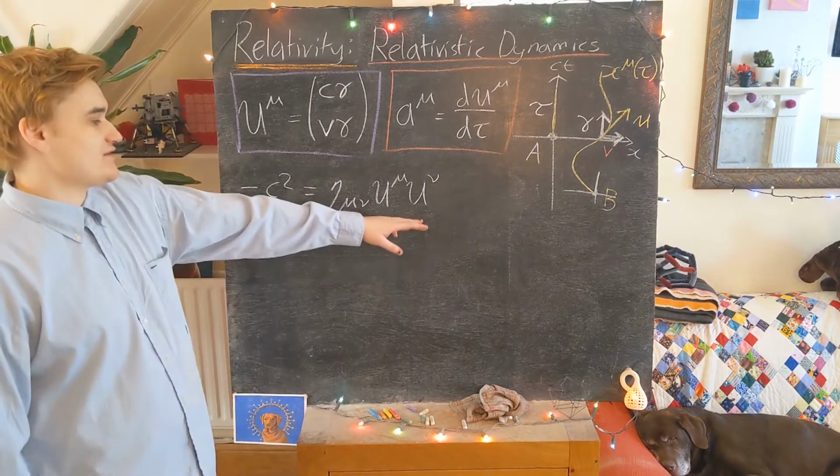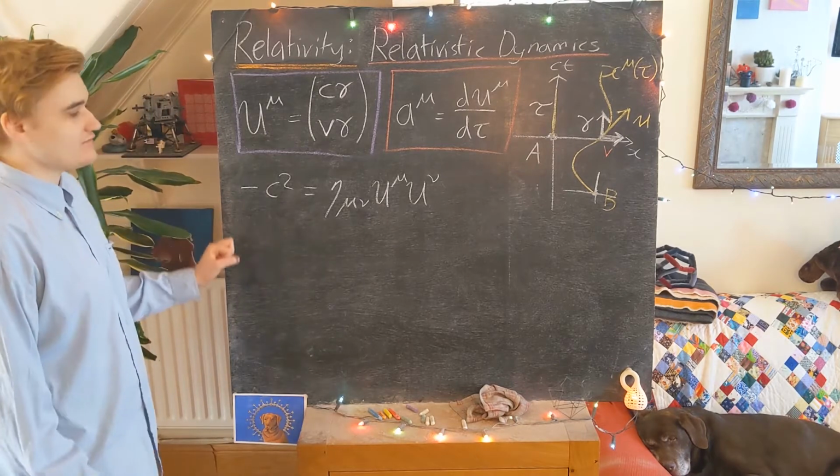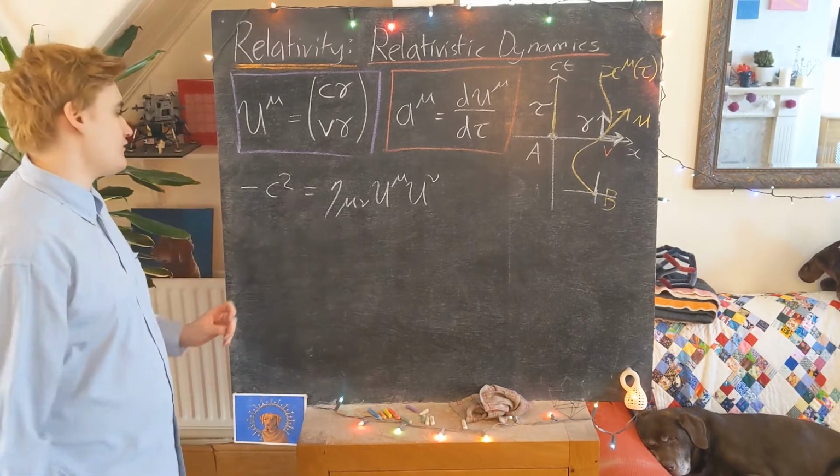First of all, this tells us that this full velocity vector is time-like, because this value is negative, so the full velocity always has to point within the forward light cone.